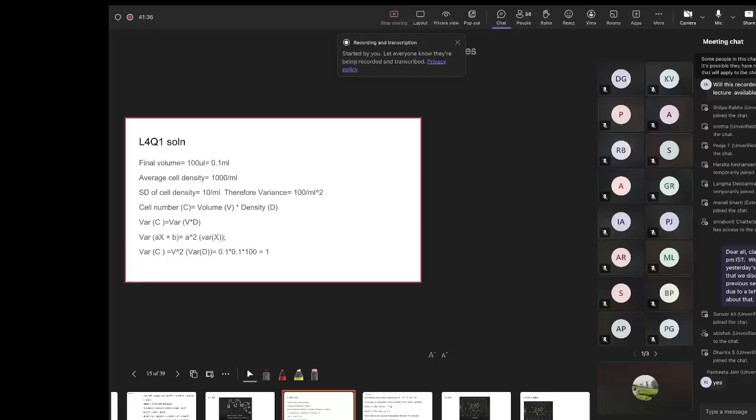So instead of a we have to substitute v, and instead of x we have to substitute d. And so a square meaning it is v square, or 0.1 into 0.1, multiplied by variance of d, it is 100. So the final answer is 0.1 into 0.1 into 100, which is 1.